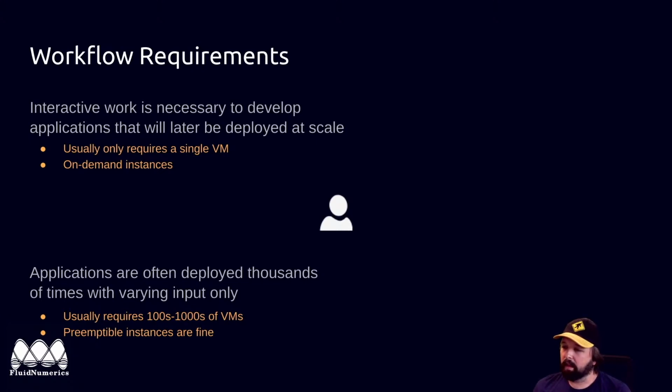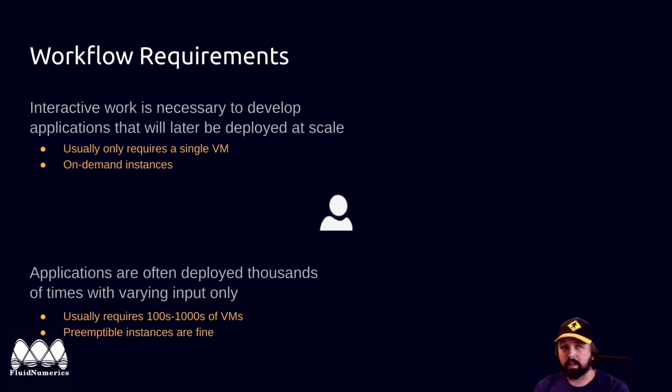And then once the applications are developed and they're starting to run at scale, at least in the AI/ML space or in the bioinformatics space, we've seen what we would classify as high throughput computing, where you have hundreds to thousands of jobs running the same thing, but possibly on different input. I would say embarrassingly parallel, in the sense that each of those individual jobs do not depend on each other.